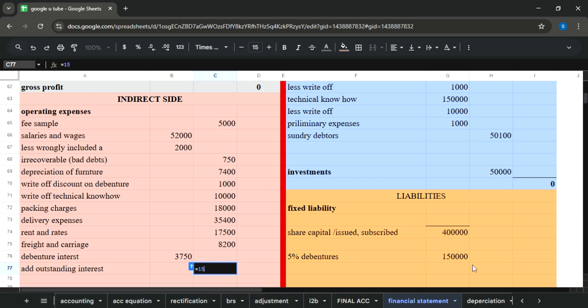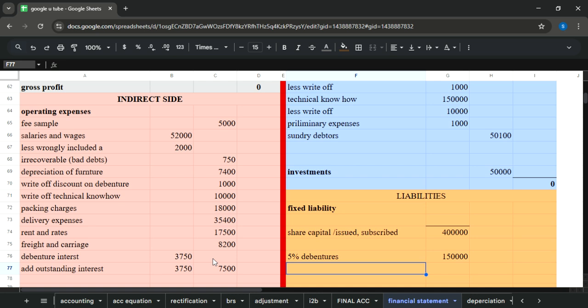So 150,000 is the amount of debenture, and then we will take 5%. This would be written in the outer column at the lower side. The difference between these two amounts would be considered outstanding, and that is 3750.